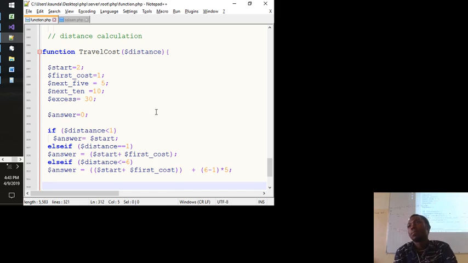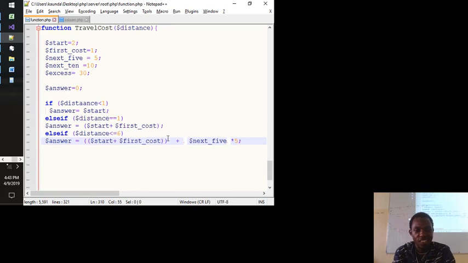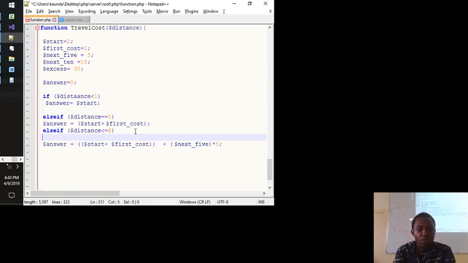So then why not plus next 5 times 5? This is giving 5. Okay, I realize I need a variable here because this doesn't make sense. So this way, yeah, this makes sense. So that is it. We are done with this distance also.